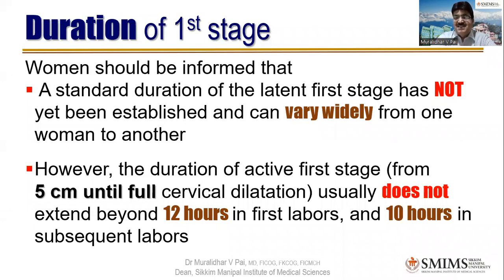So usually it does not extend beyond 12 hours after 5 centimeters and 10 hours in the subsequent. There is a difference in the duration. So in primary gravida, it is 12 hours after 5 centimeters maximum. And in multigravida, it is 10 hours after 5 centimeters. That is also the maximum. So 12 hours in primary and 10 hours in multi.